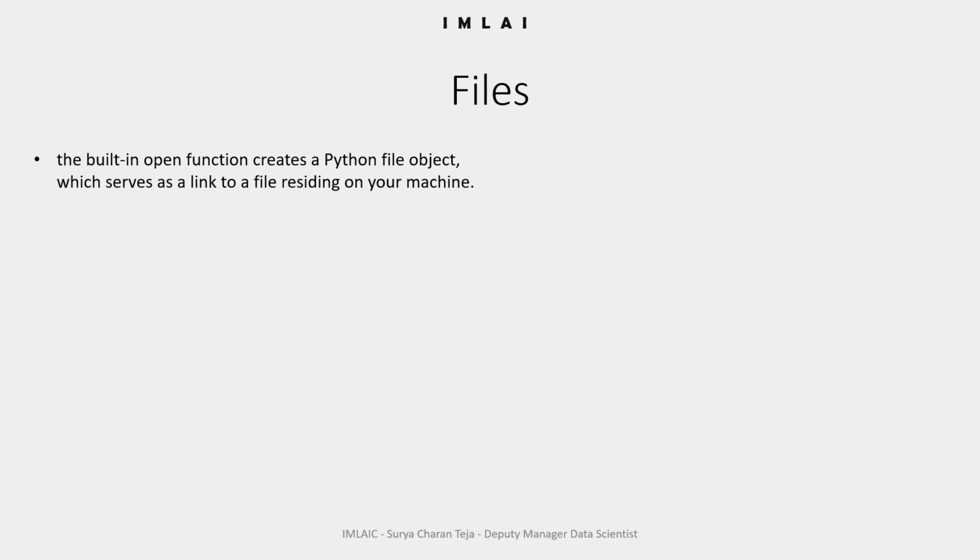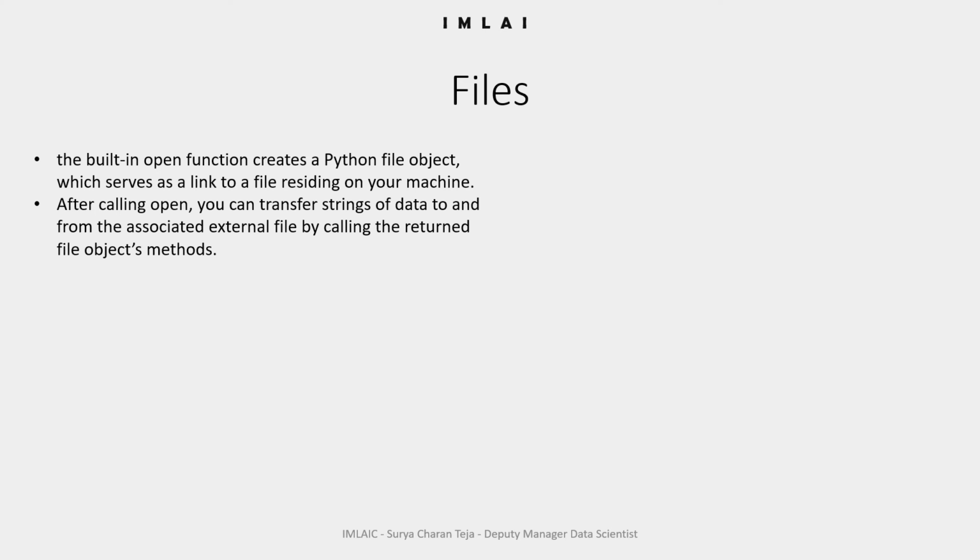Rather, to generate a file object, you must call the built-in open function, passing in an external file name and processing mode as strings. After calling open, you can transfer strings of data to and from the associated external file by calling the returned file object's methods.